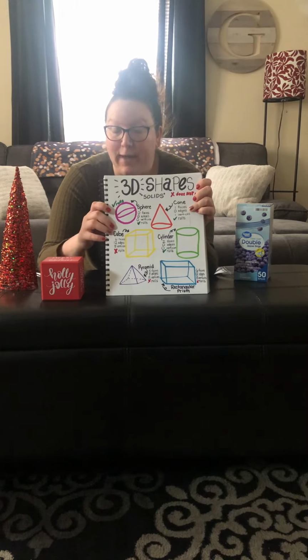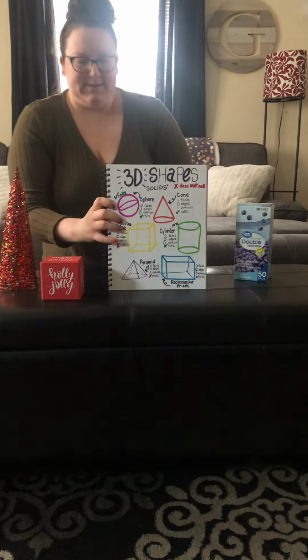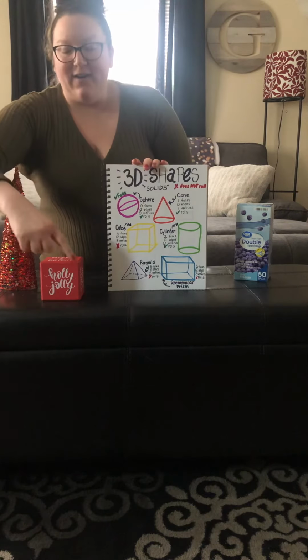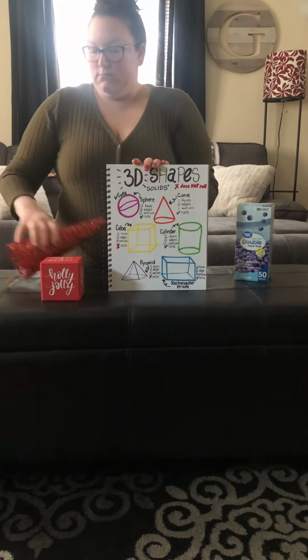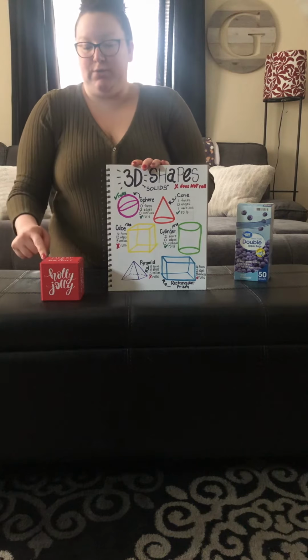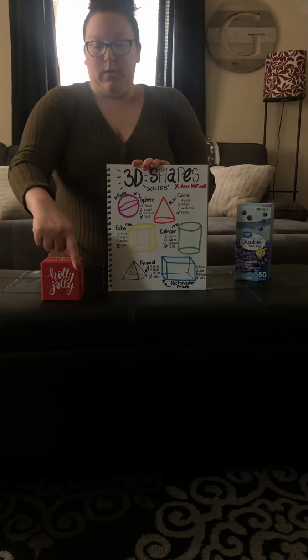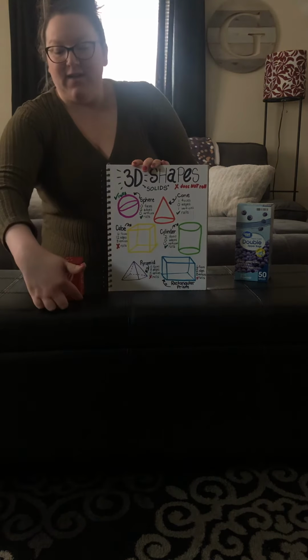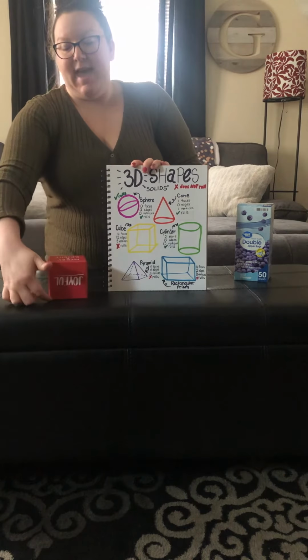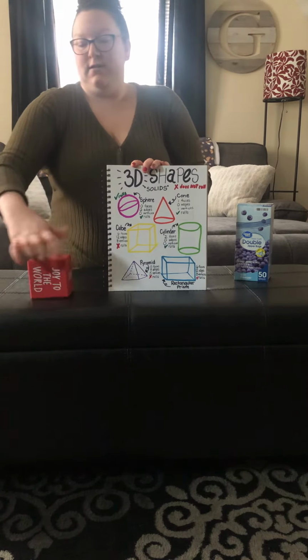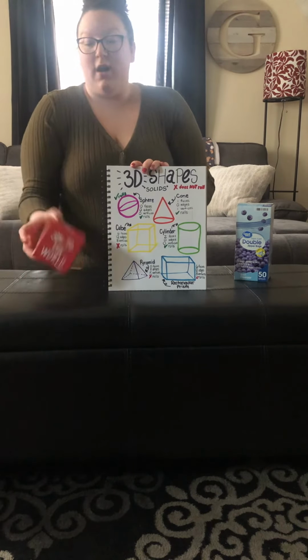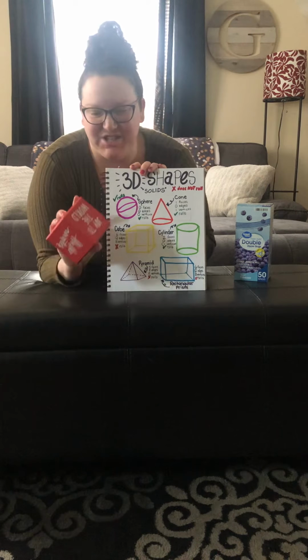So this is a big one. There's tons of edges. We have 1, 2, 3, 4, 5, 6, 7, 8, 9, 10, 11, 12. There are 12 edges on here.